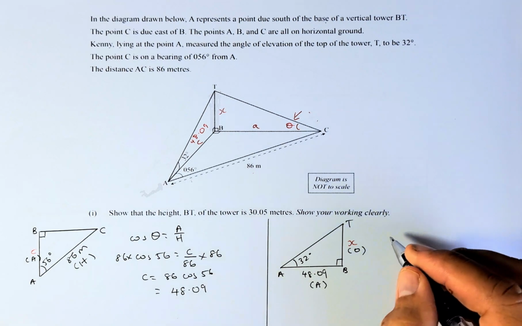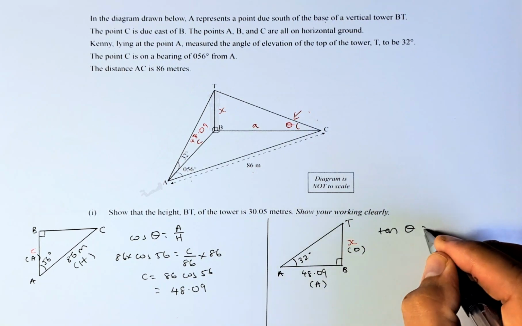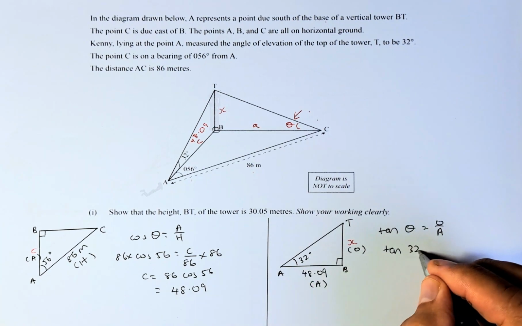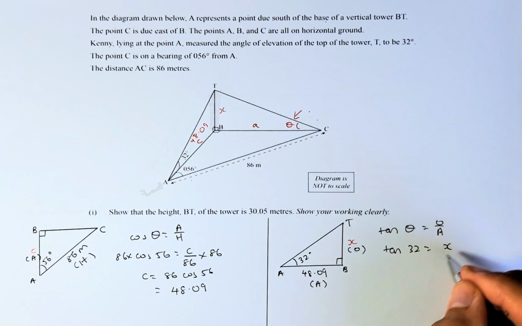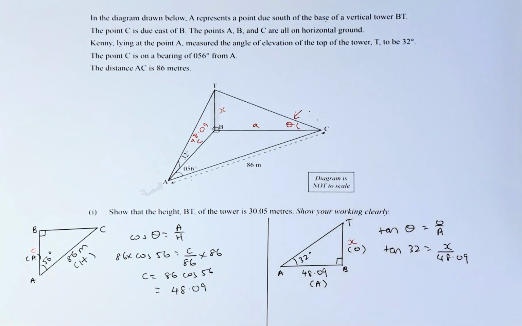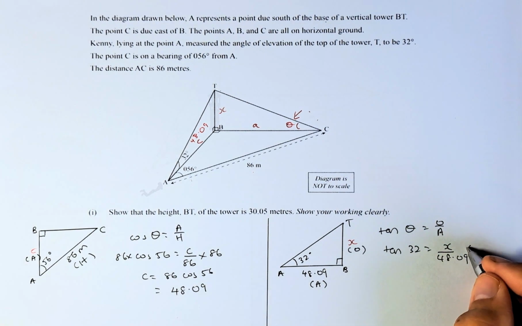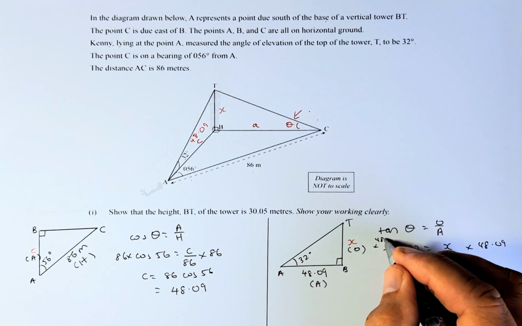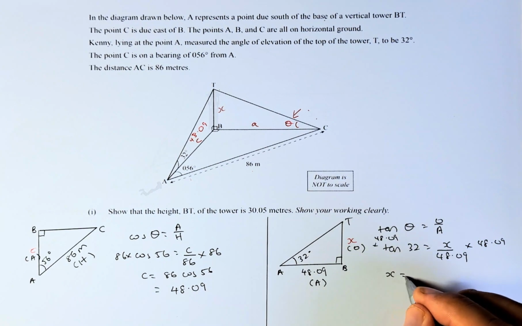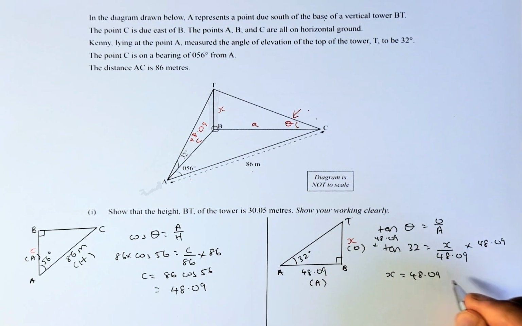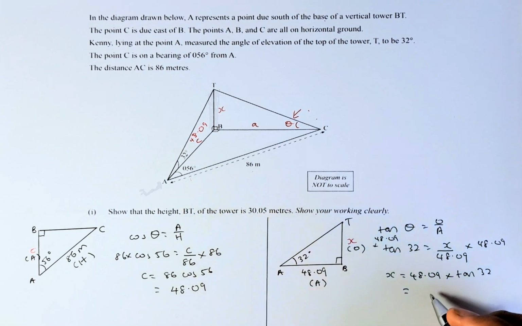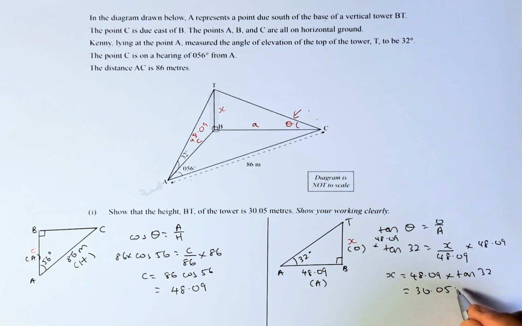So we use the TOA formula: tangent theta is O over A. Tangent 32 equals X over the adjacent 48.09. The last step is to multiply 48.09 on both sides, so X is equal to 48.09 multiplied by tangent 32. When you put it in your calculator, you should get the answer 30.05 meters.